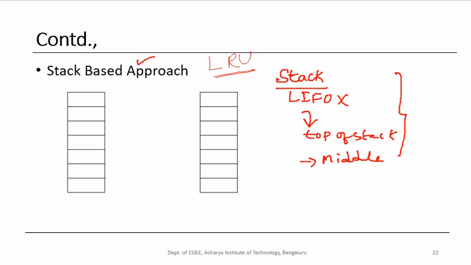The stack which we are going to discuss now, which is used for realization of LRU, is not the conventional LIFO stack, but it is a stack in which the data items are pushed from the top of the stack but removed from the middle of the stack. So that you will have to keep in mind before we see how LRU is implemented using this approach. Let me clear this.